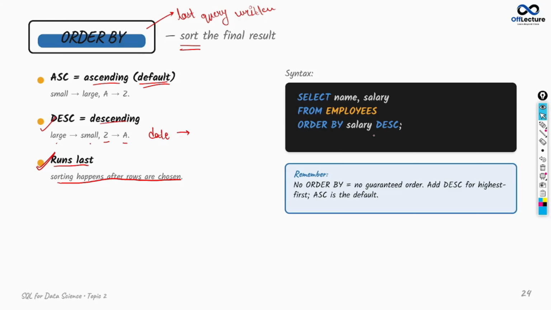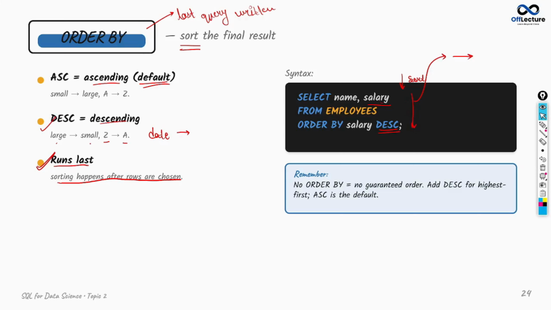So we are sorting our result in the descending order of their salaries. From this we get one output which is sometimes very important and asked in interviews, that is which employee has the highest salary. If you run this query, you will get the person who has the highest salary in the first row of your output.